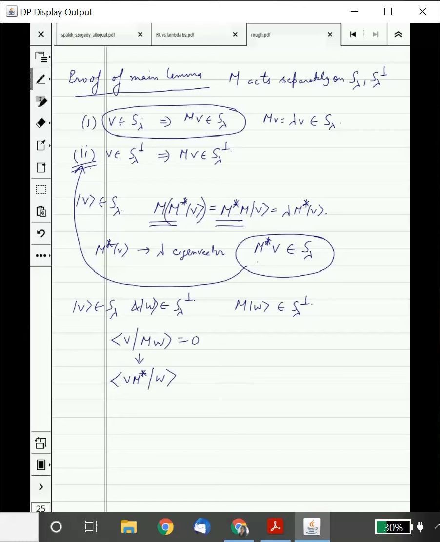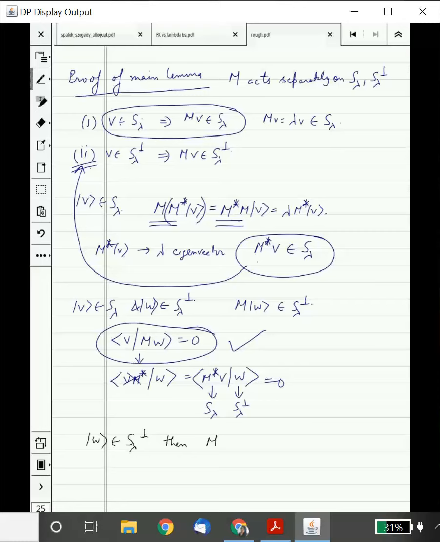That's the correct way to write it. But V is in S lambda, and W is in S lambda perp. This is 0. This is actually true. So I have proved that if W is an element of S lambda perp, then MW is also an element of S lambda perp. This proves the main lemma.